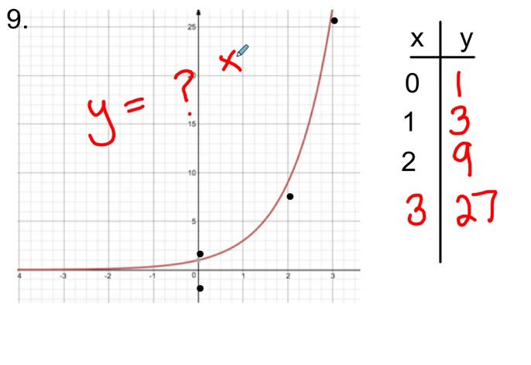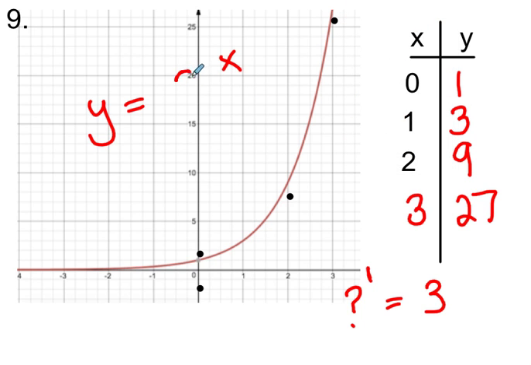So we're just going to have something raised to the x. And when we have something raised to the first power, we're going to end up getting 3. Well, the only way we're going to get that is if that question mark is 3. So I think we might have come across the solution to this graph. So let's try it.